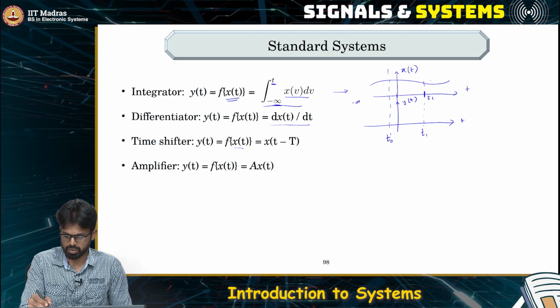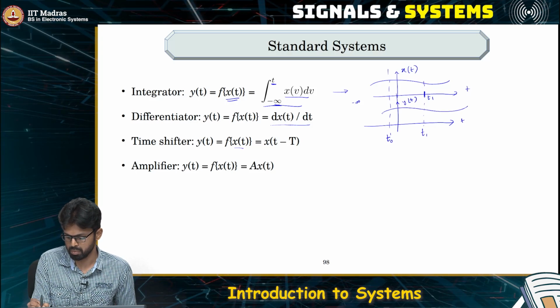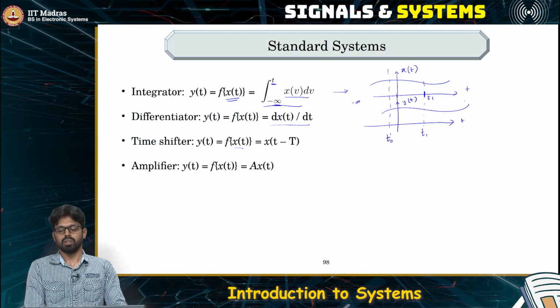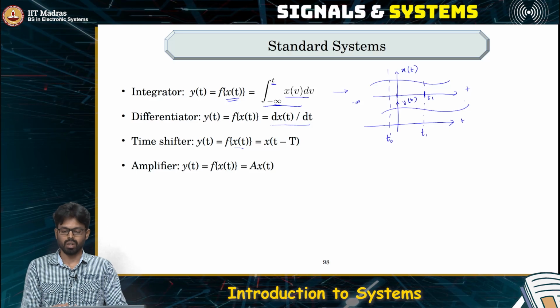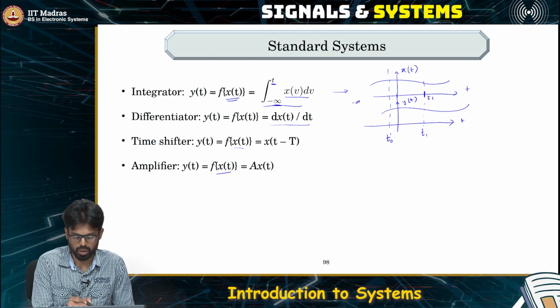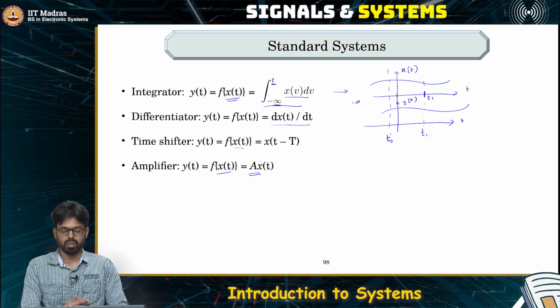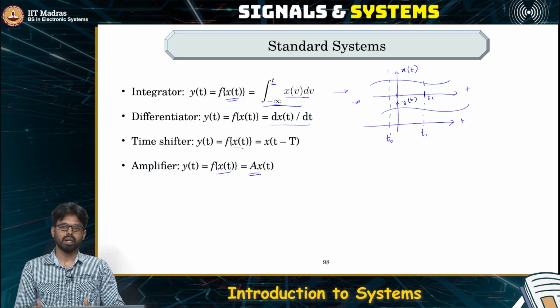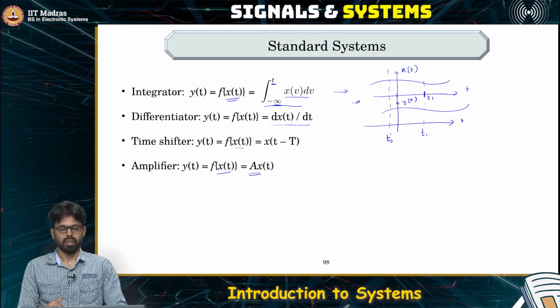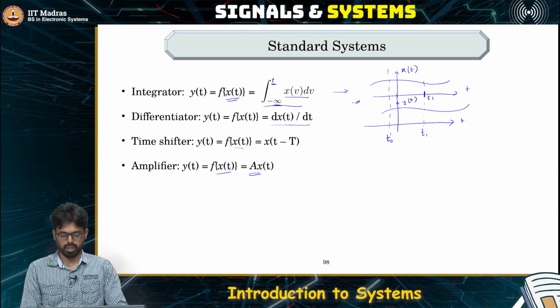So if x of t was this, then the output is, let's say, shifted something like this. This is a time shifted or time delayed version. And of course, for an amplifier, if 1 volt is fed in as the input, then you get A volts as the output. This A can be 2, 5, greater than 1 or less than 1. It can be anything. So these are the standard systems that we would often encounter in practice.